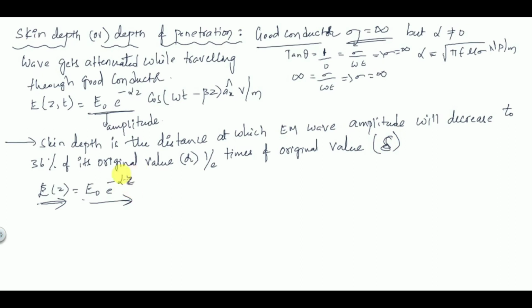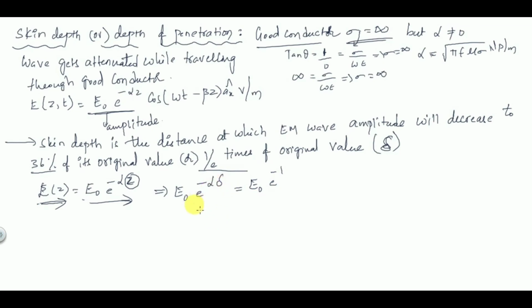Skin depth is the distance at which the EM wave decreases to 36%, or 1 by e times the original value. That means E naught e power minus alpha del. When you substitute z with skin depth, this value must be equal to 1 by e times the original, and 1 by e means e power minus 1.